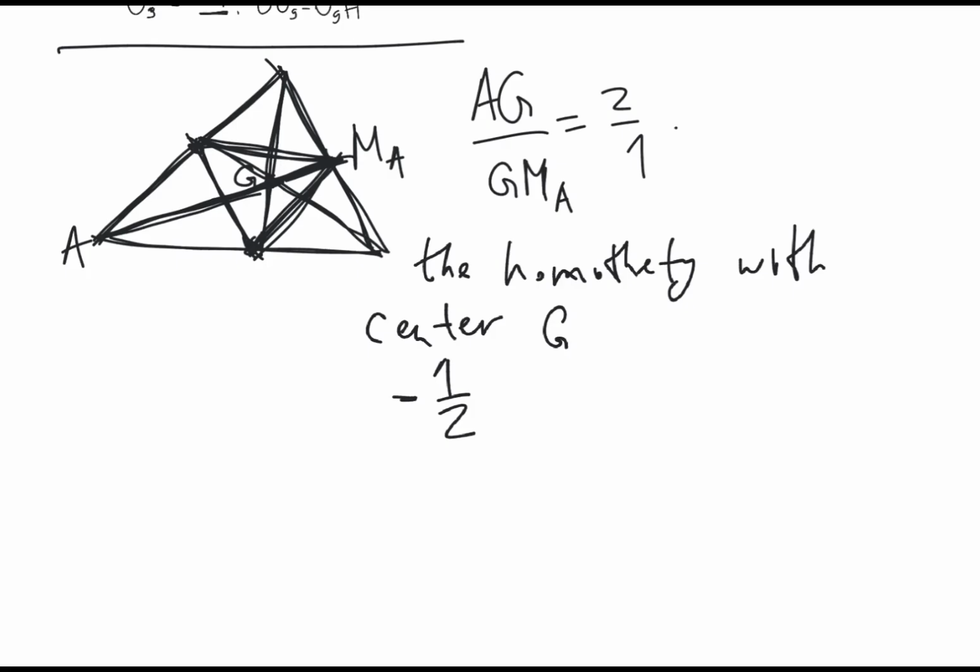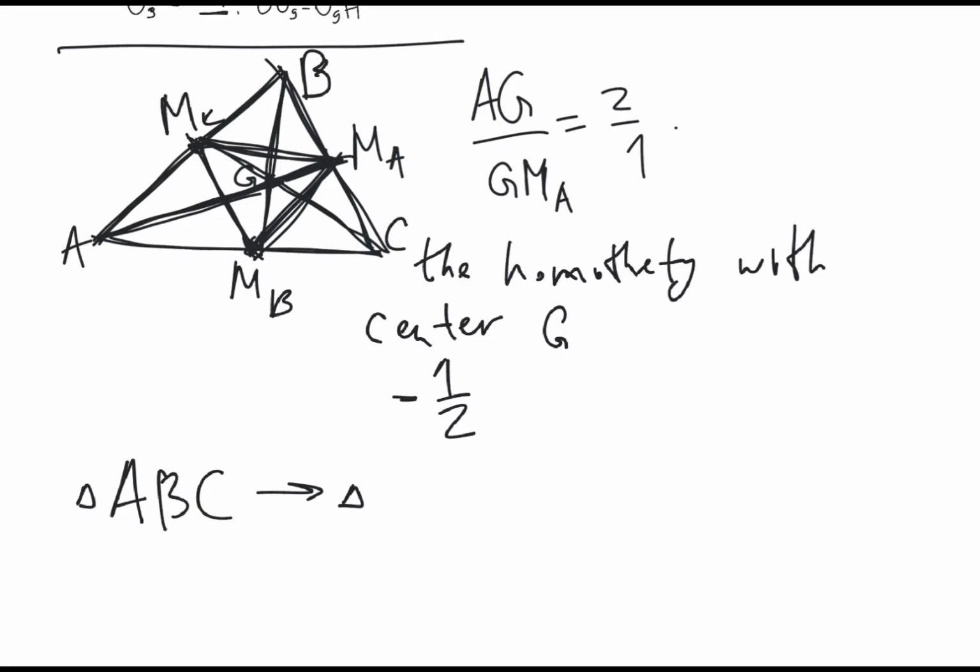So under this homothety, the triangle ABC would be mapped to the triangle MA, MB, MC, right?